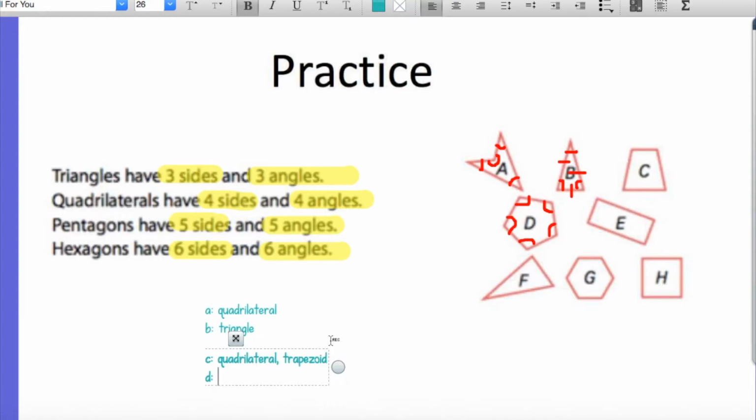D has 5 sides and 5 angles, which makes it a pentagon. E is a quadrilateral or a rectangle.